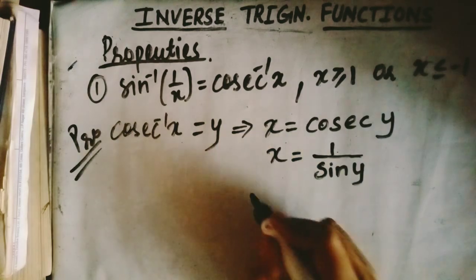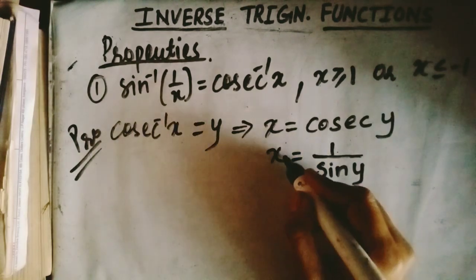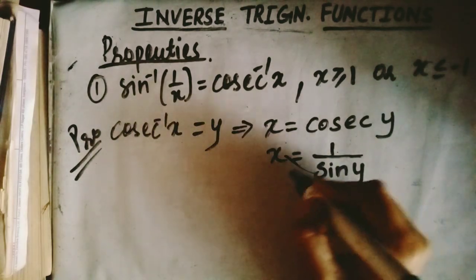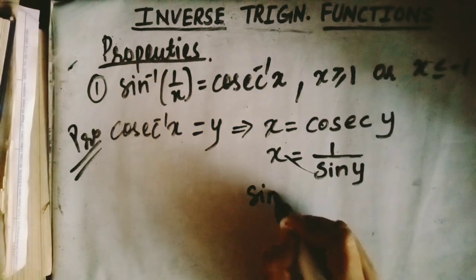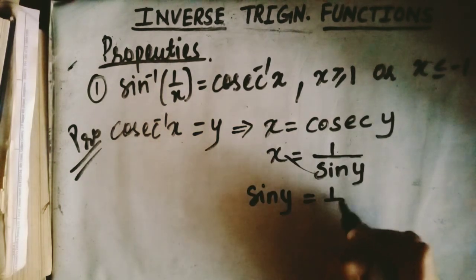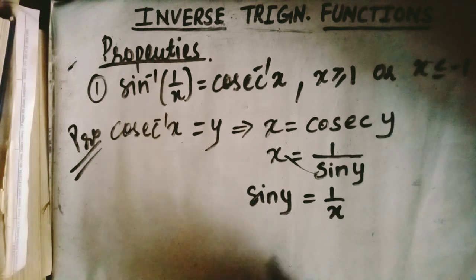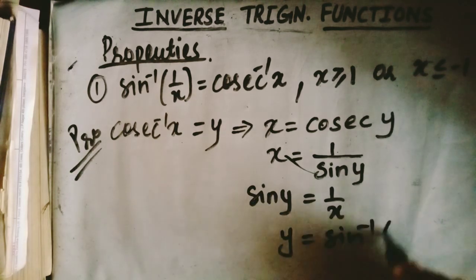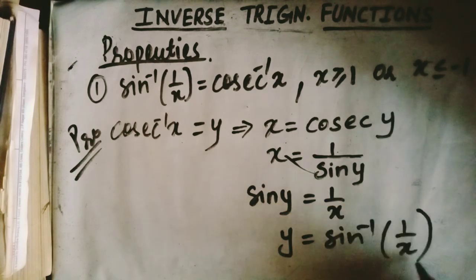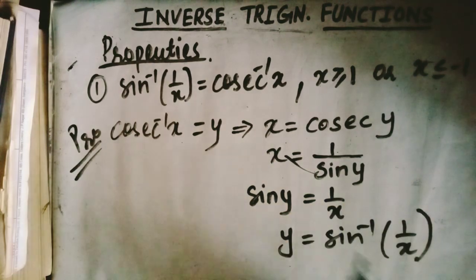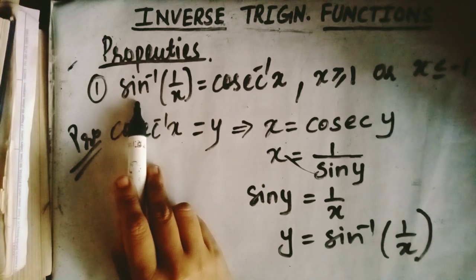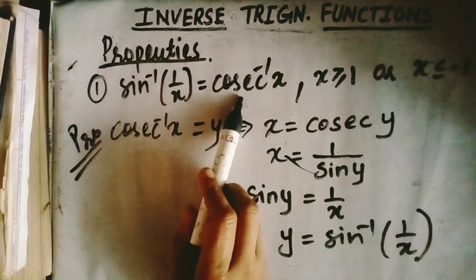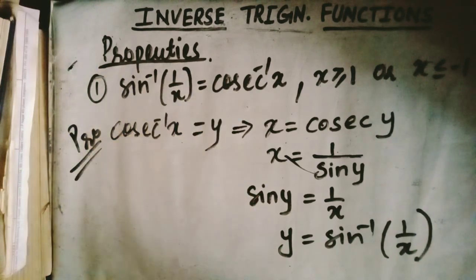So we can write sine y here and x here, that is we are multiplying like this. So sine y is equal to 1 upon x. So your y is sine inverse of 1 upon x. So we have proved this to be equal to this. We started from our RHS and we proved it to be equal to our LHS.